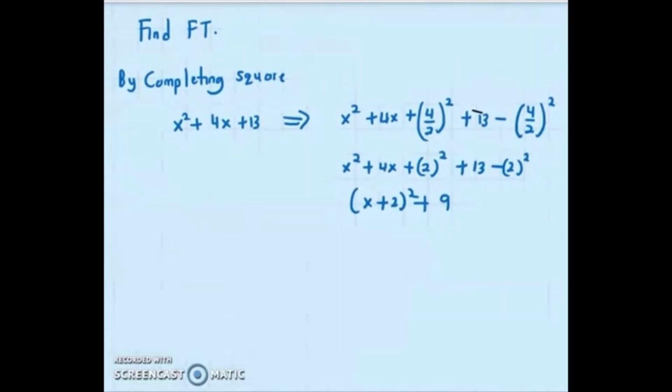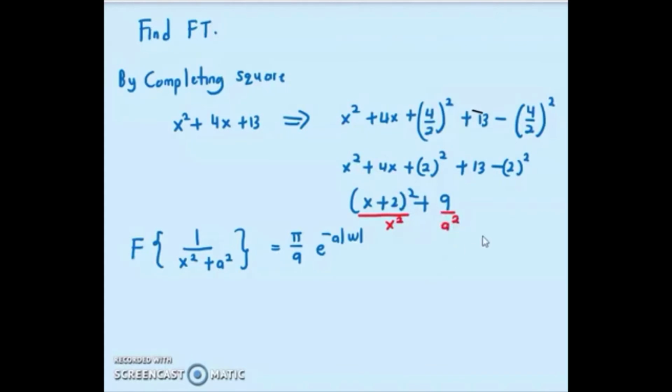Now we know the definition of the Fourier transform of 1 over x squared plus a squared is given by pi over a, e to the negative a omega. If you look at here, we assume this whole thing is my x squared, this is my a squared.